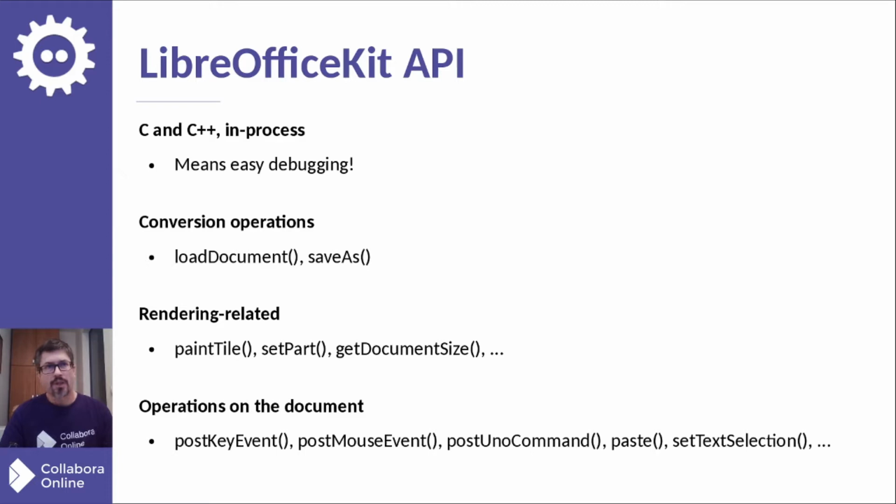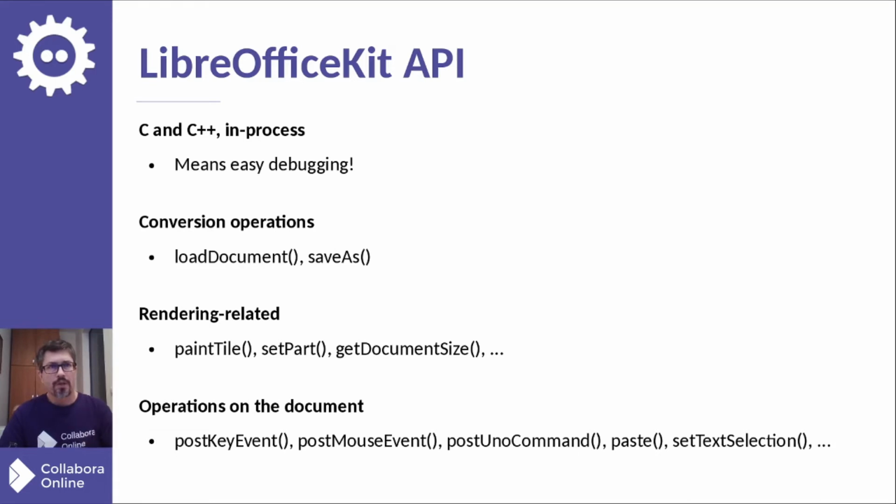You can also set another part, which means another page in a presentation, for example, or in a spreadsheet. You can set or get the document size, so that you know how far you need to scroll. And then of course it allows you to do operations on the document, like inserting key events or mouse events, but also commands.